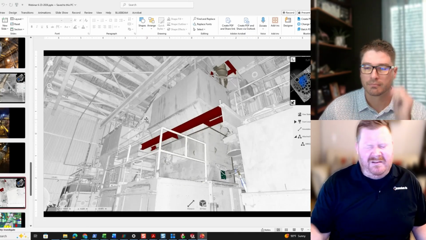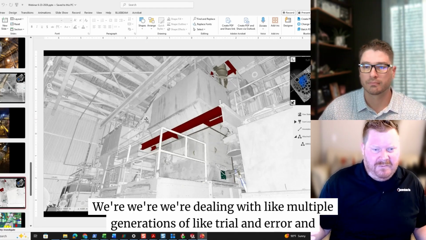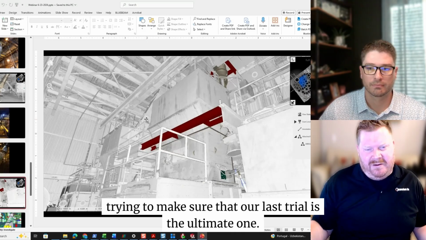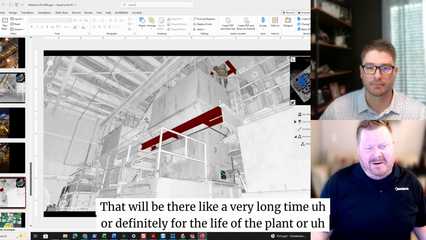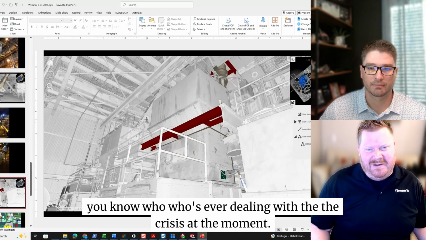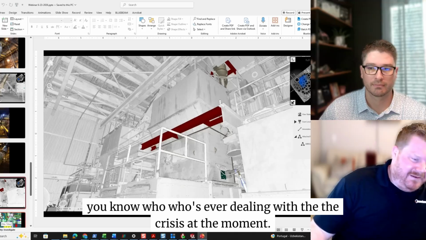So we're dealing with multiple generations of trial and error and trying to make sure that our last trial is the ultimate one that will be there a very long time, or definitely for the life of the plant, or whoever's dealing with the crisis at the moment.